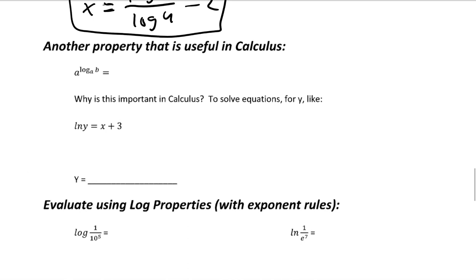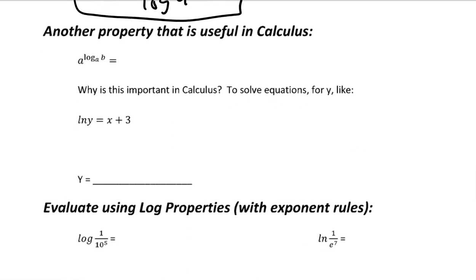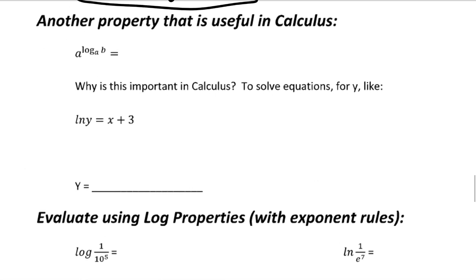Okay, another property that most years we just kind of say, well, you really need to know this. Here's how you get the answer. Make sure you recognize the pattern. And it doesn't really apply too much until calculus, but you do need to know this property. If you have some number a and its exponent is a log and its base is the same number, so notice these match, of something like b, all of that just simplifies to b.